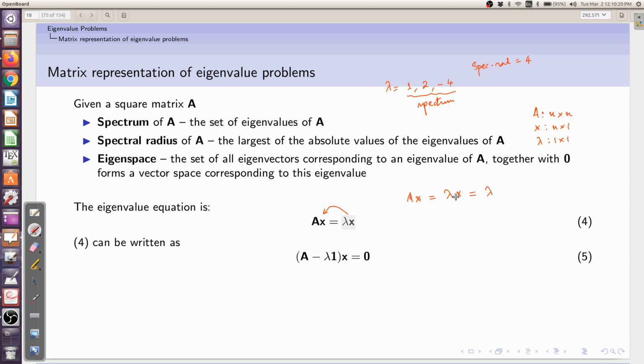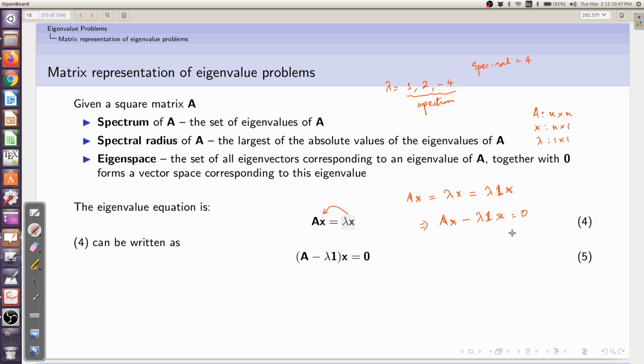So now we have to bring in front of x the identity matrix, and only then can we take this onto the other side. And when we do that, we have Ax, and when we bring it to this side, minus lambda into identity matrix into x.